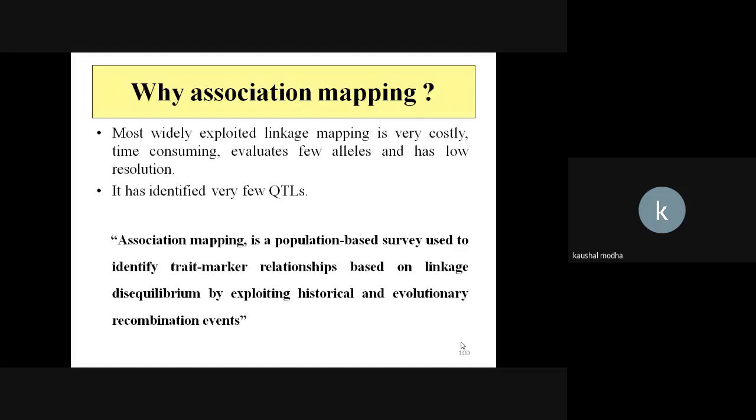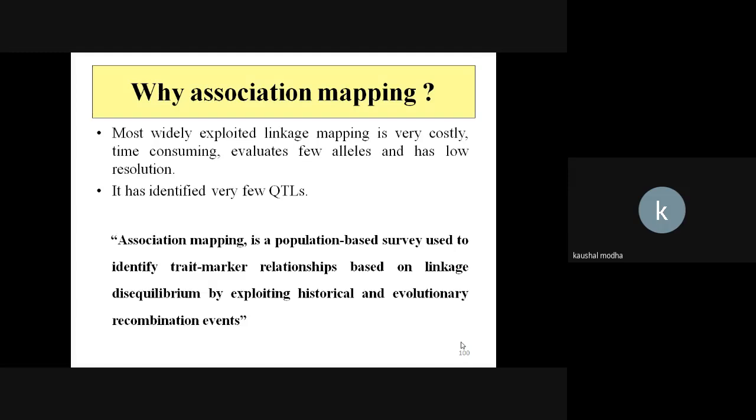In association mapping, germplasm panels or germplasm lines can also be subjected to mapping. So a mapping population need not be developed; you don't need a mapping population to perform association mapping.